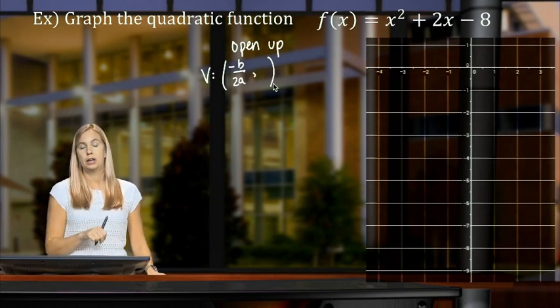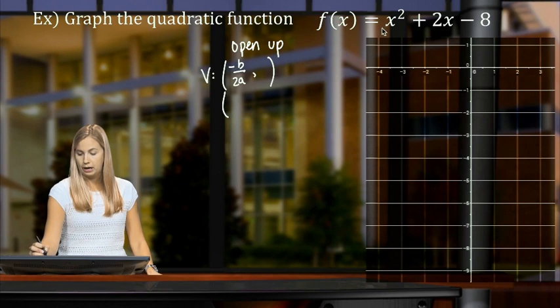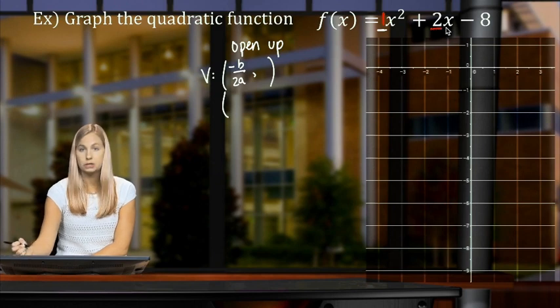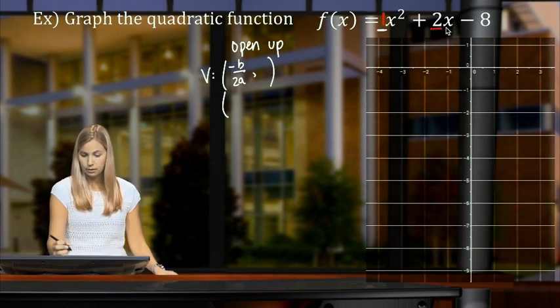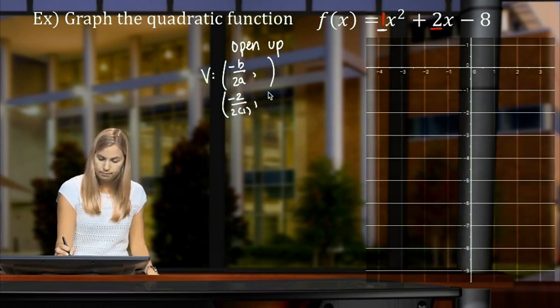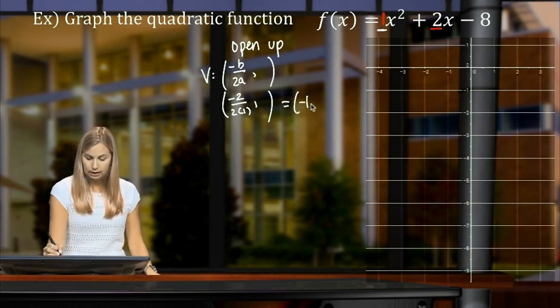And then I'll take that x value and plug it in to find y. So using my coefficients, here's my a, which is an invisible 1, right? And here's my b. So negative b is going to be negative 2 divided by 2 times a, which is 1. When I simplify this, negative 2 divided by positive 2 is negative 1.